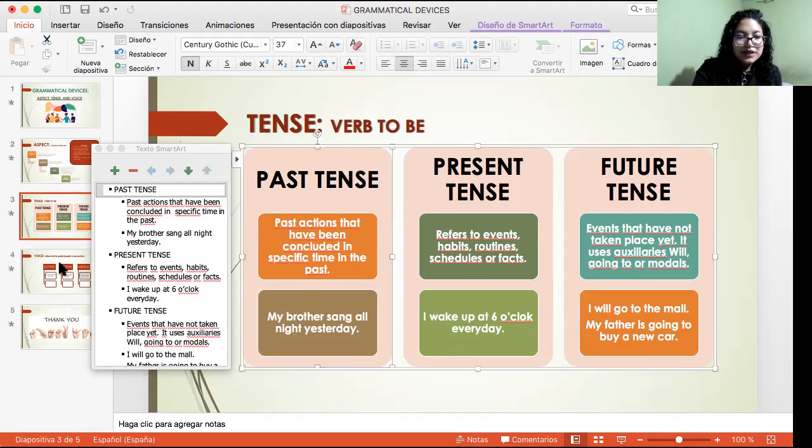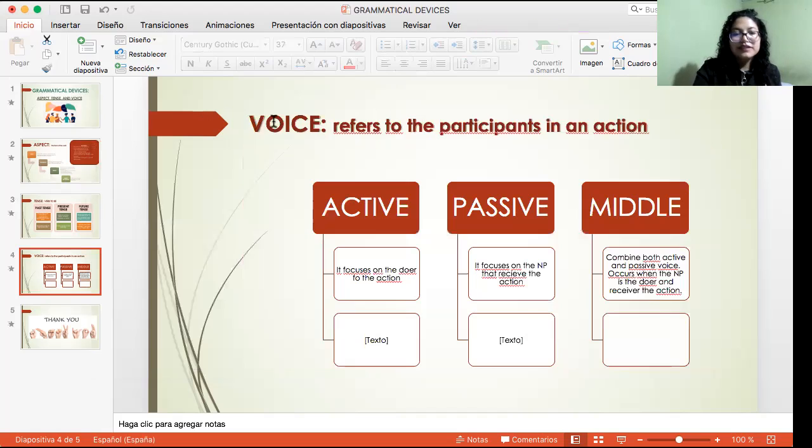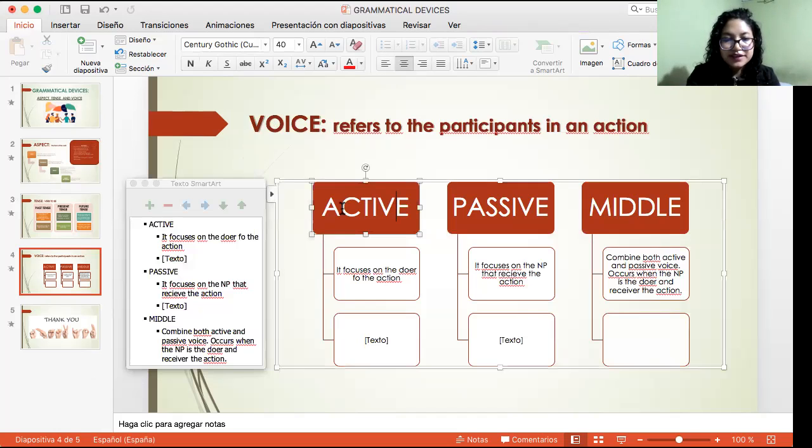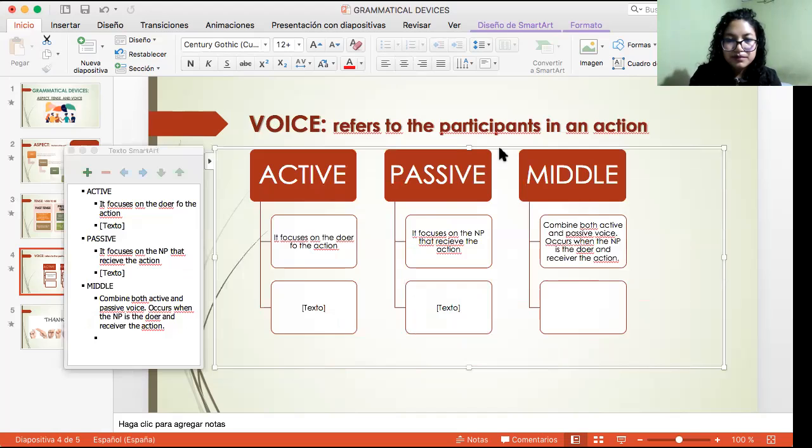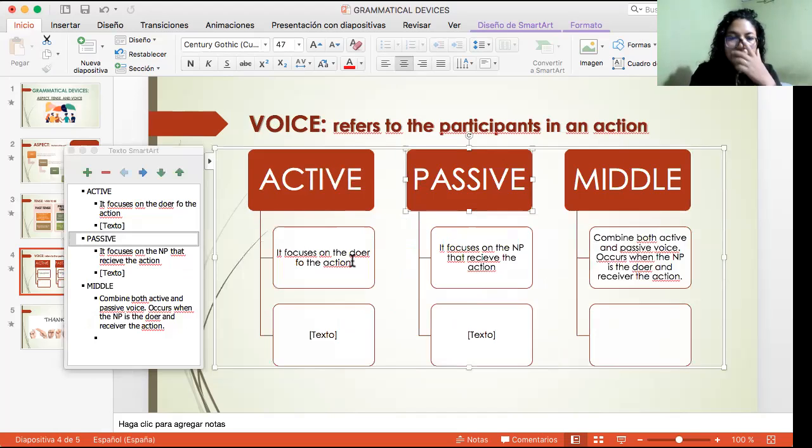Now we are going to talk about the voice. The voice refers to the participants in an action. Here we have the active, passive, and middle voice. The active voice focuses on the doer of the action.